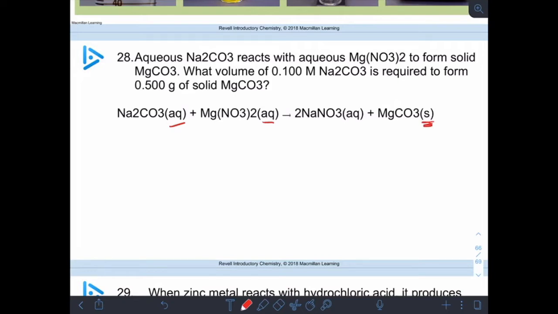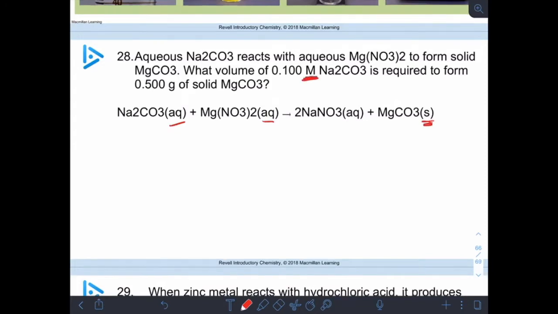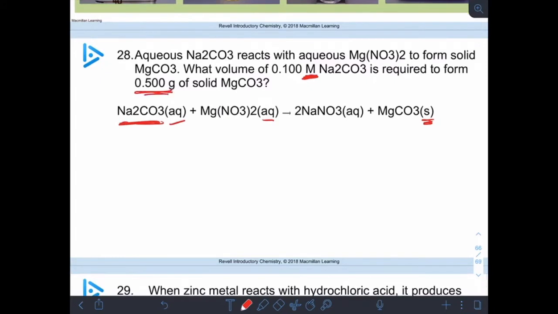So we are given a molarity. That tells us that's going to be a conversion factor. And that's the molarity of the Na2CO3, right? And then we're given a mass for the magnesium carbonate, 0.5 grams of the magnesium carbonate.